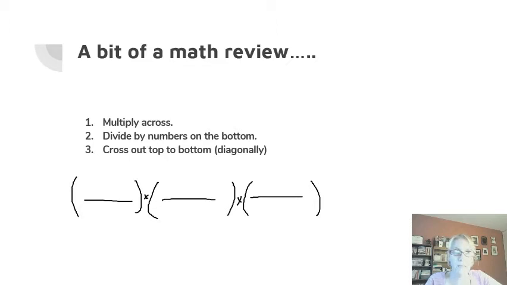And that means we multiply across, so you could multiply across the top or multiply across the bottom. But if you want to do math between the top and bottom, you divide the top number by something that's on the bottom number. Does that kind of make sense? And since it's multiplication and division, the order doesn't matter.